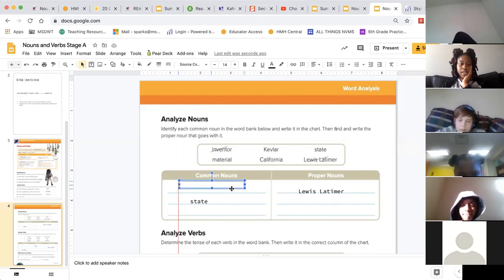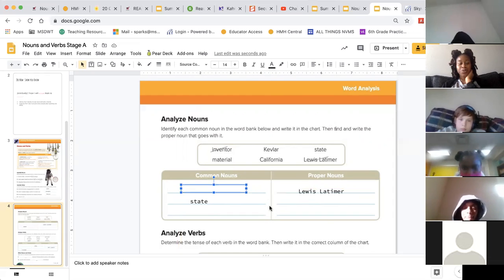So which common noun would match up with Lewis Latimer? You guys didn't read the story, but you should be able to make a connection. Which common noun would match with the word Lewis Latimer?